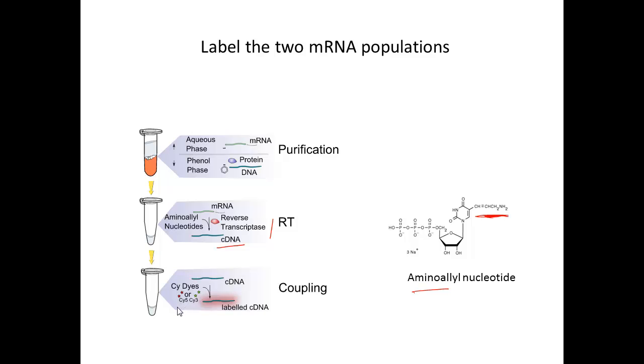The kind of dyes that are used in microarrays are Cy5 or Cy3, generically referred to as Cy dyes. The strategy behind this approach is that this amino allyl group is relatively small. It's not that disruptive to the polymerase, so lots of them can be incorporated into a cDNA molecule. But then after the enzymatic step is done, you can chemically couple these very large fluorescent molecules and have a labeled cDNA molecule.